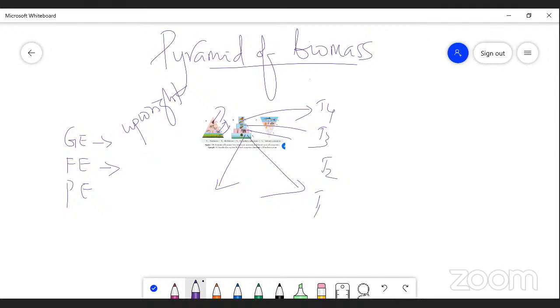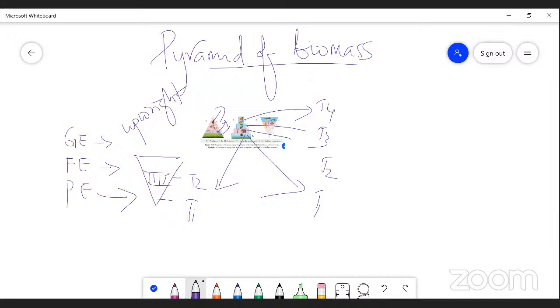Next to last, that is a pond ecosystem. Always a pond ecosystem is inverted in condition because the producer, trophic level 1, has only one number, and when you go to trophic level 2, the biomass is increased in order.